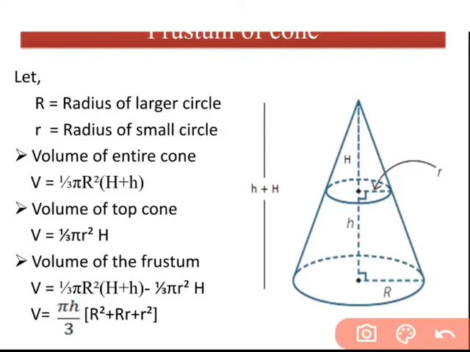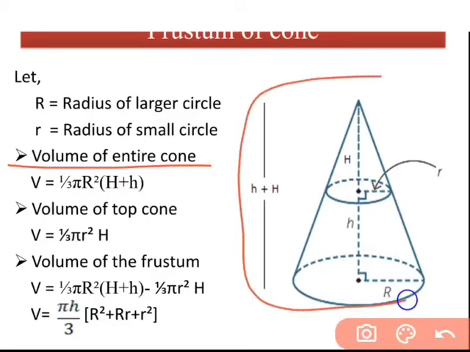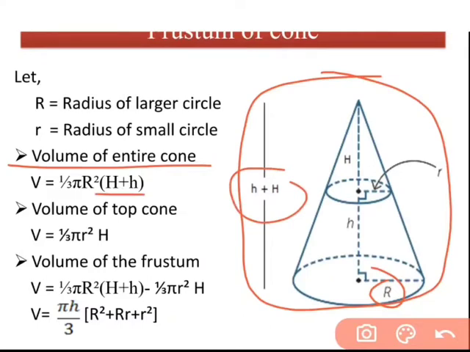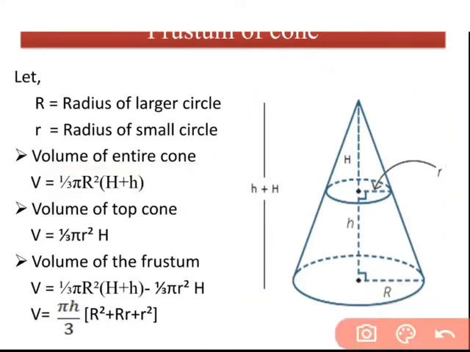So first find the volume of the entire cone. The equation of the volume of the entire cone, that is the full figure, volume V is equal to 1/3 pi R square, where R is the capital radius, into the total height, small h plus capital H. So we get the volume of the entire cone V is equal to 1/3 pi R square into (capital H plus small h).